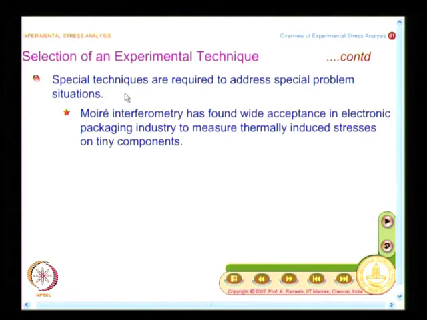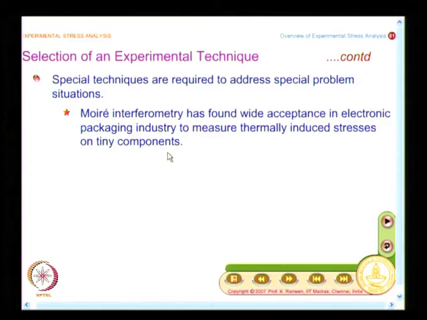The moment you think of Moiré interferometry, you have to think of the electronic packaging industry, and you find it has found wide acceptance there to measure thermally induced stresses on tiny components.